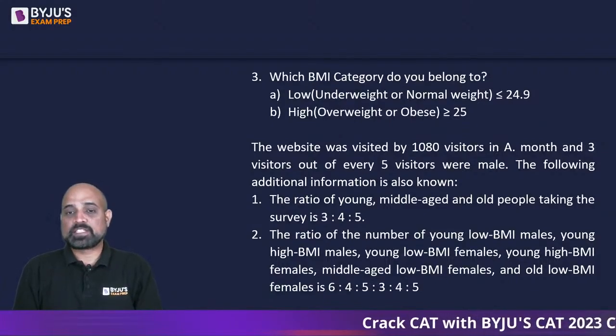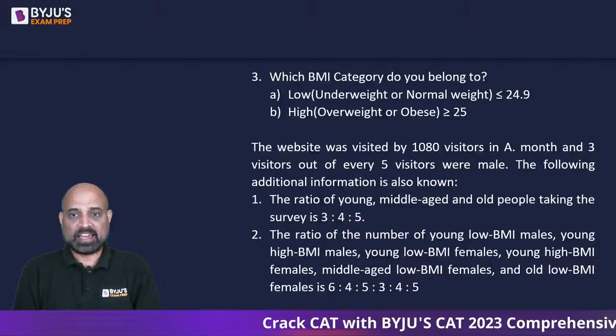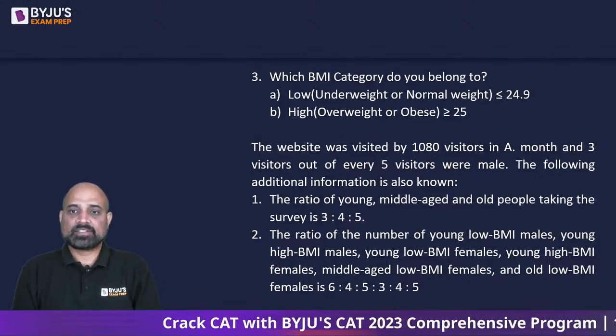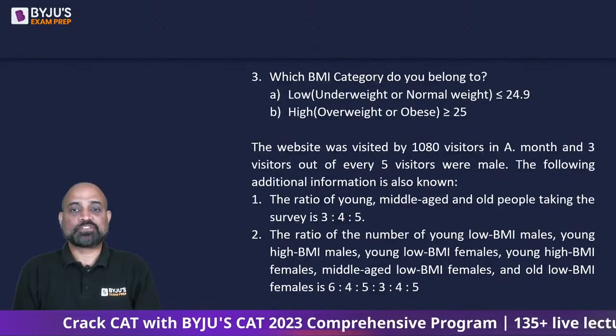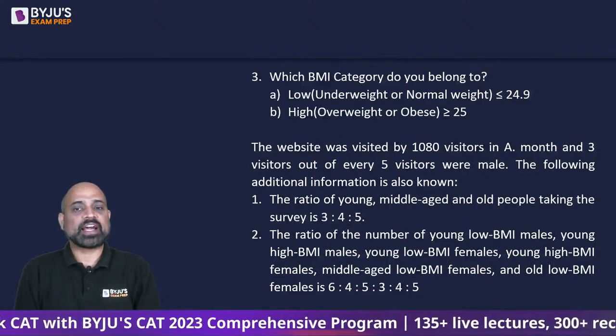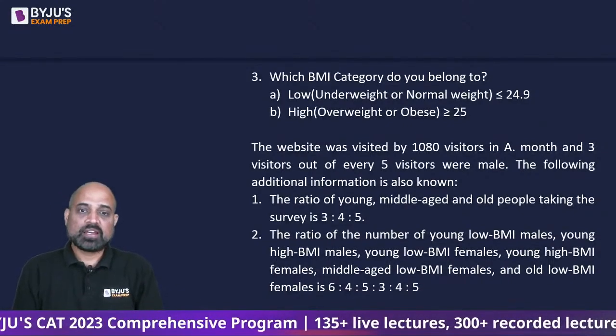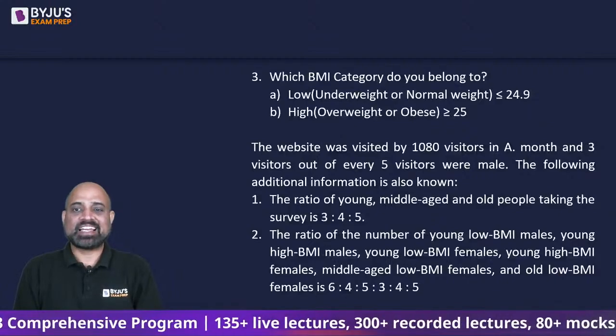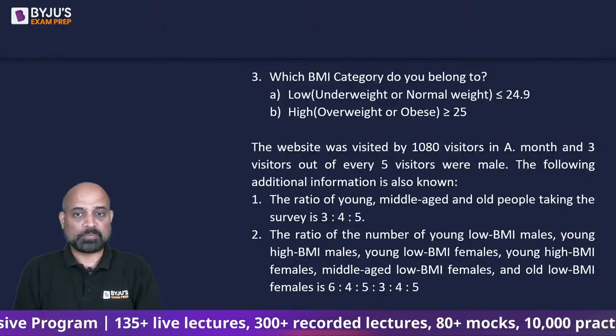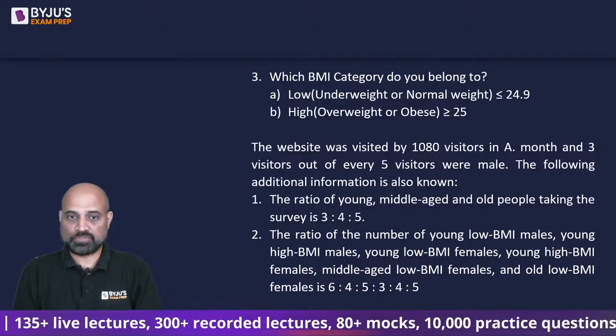The website was visited by 1080 visitors in a month, and 3 visitors out of every 5 visitors were male. The following additional information is also known. The ratio of young, middle-aged and old people taking the survey is 3:4:5.